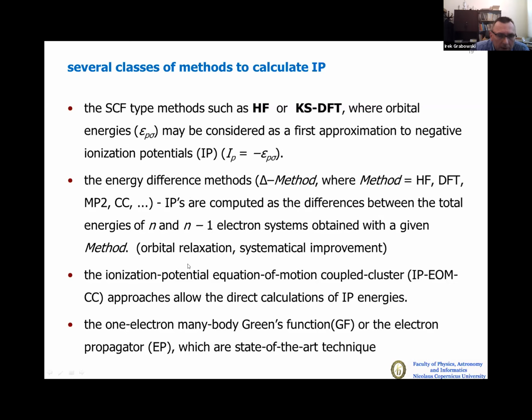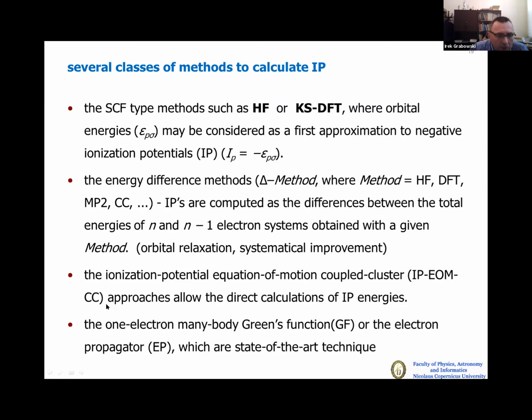It includes orbital relaxation and can be systematically improved. But of course, it's expensive, especially when we go to CCSD, where it scales like n to the 6. There are also two state-of-the-art, very popular approaches. One for calculating the ionization potential is the equation of motion coupled cluster method.